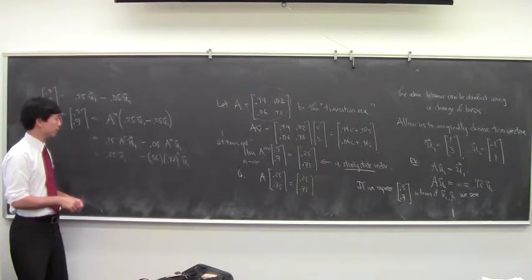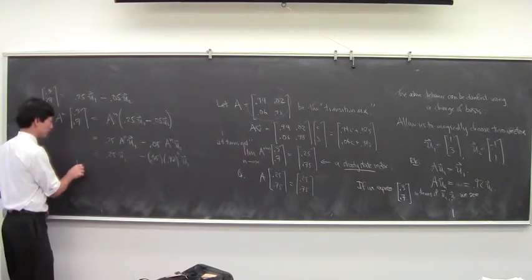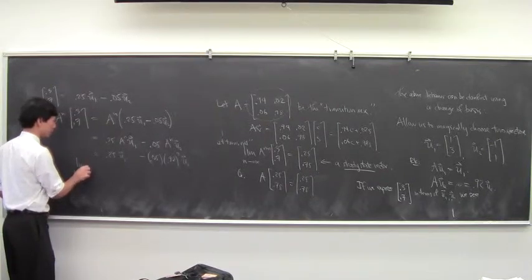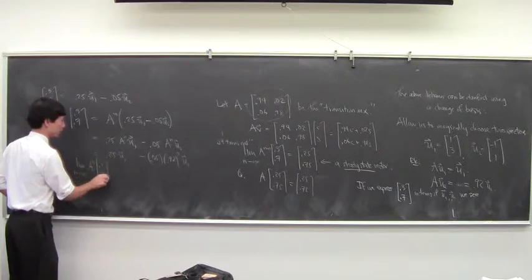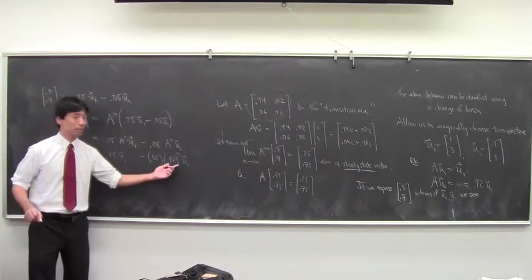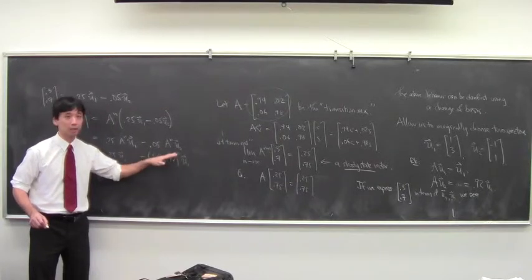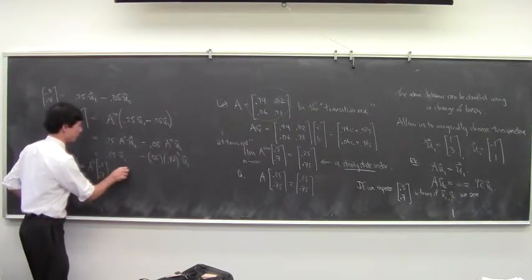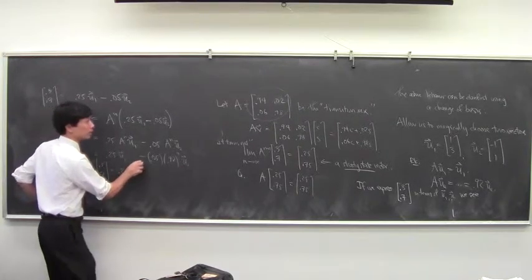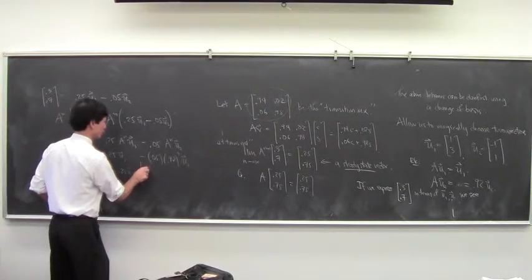And then as n goes to infinity, 0.92 to the n is going to go to 0, and so the second thing is not going to affect. And so we end up with 0.25 u1, that is to say, 0.25, 0.75.